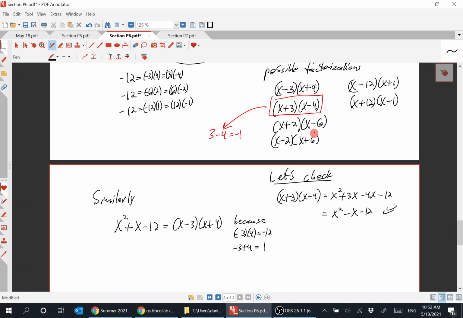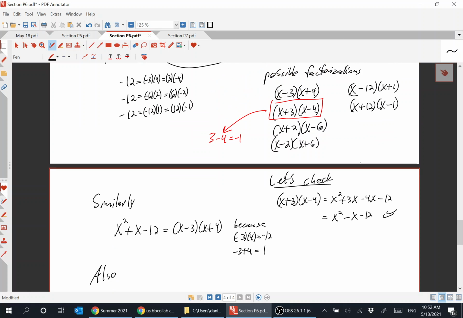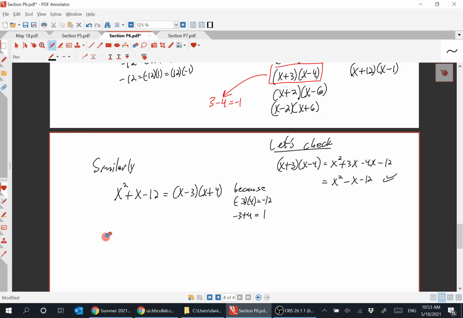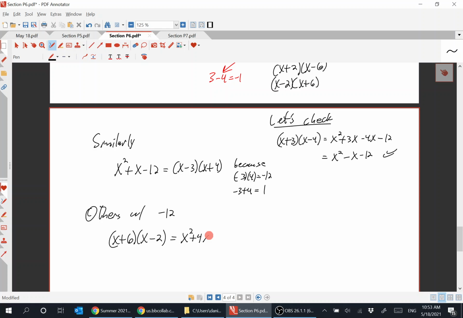And then all these other products, other examples. So x plus 6, x minus 2, that's going to be x squared plus 4... I'm sorry, I should be going the other way.